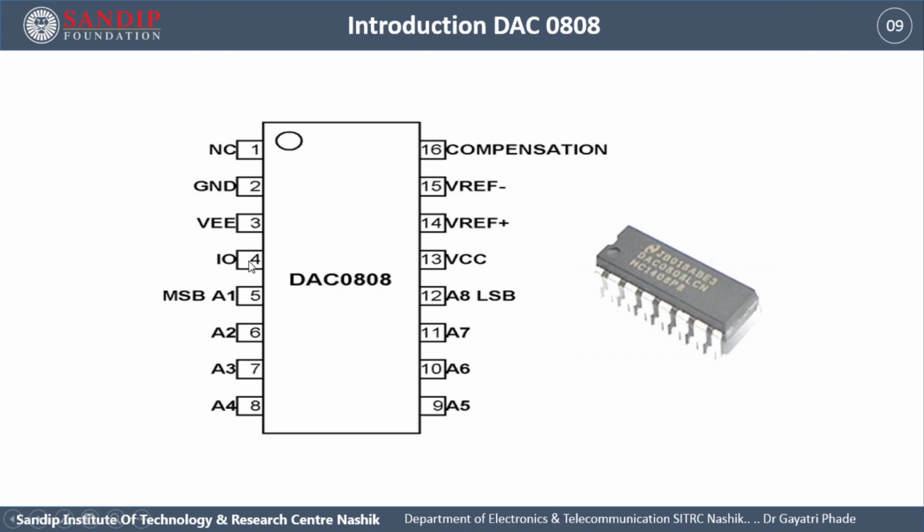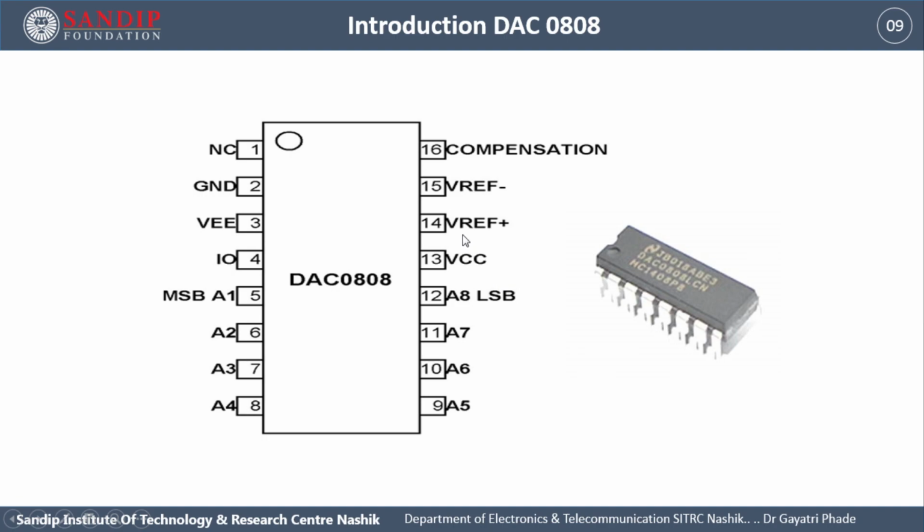This is the output pin where we will be getting the analog output, and this A1, A2 to A8 are the digital pin where we are connecting the output of microcontroller, where we are getting the digital out of this 8 bit of the digital. Here is the LSB, here is the MSB. Take care while interfacing this pin.